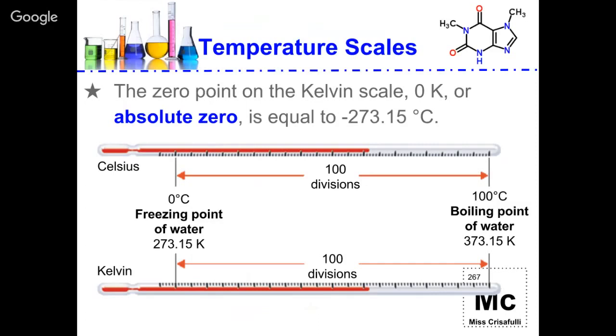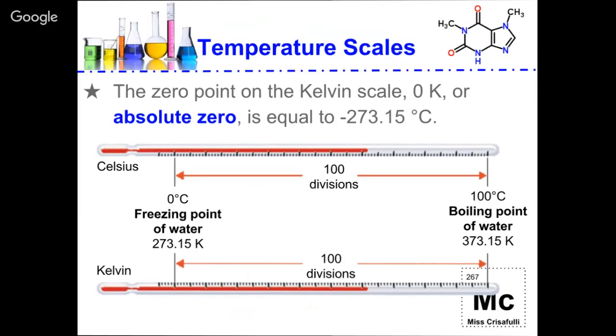When you're looking at these two, you need to understand that these two quantities are 100 degrees apart. So both of them will make sense: 0 degrees Celsius is the freezing point of water, and 273.15 Kelvin is the freezing point of water in the Kelvin scale.